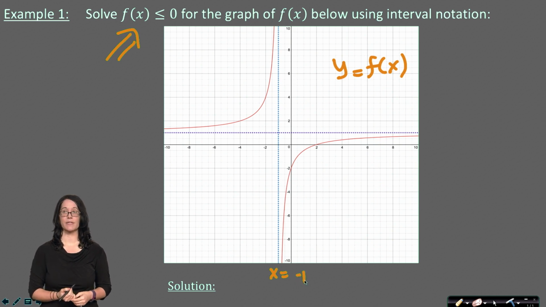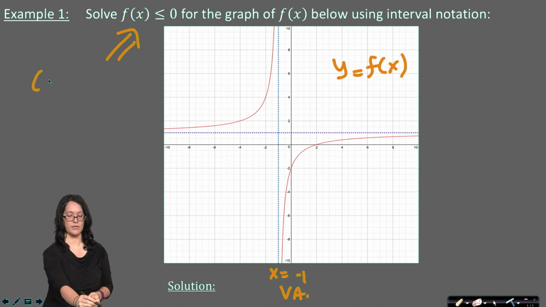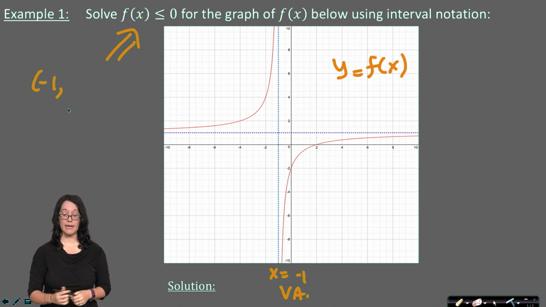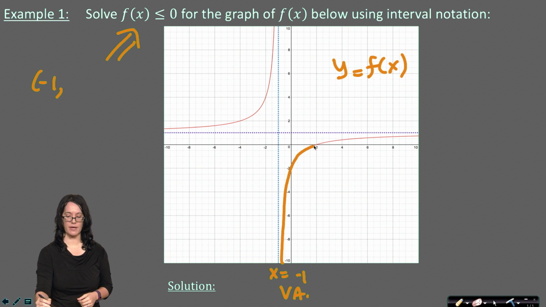So at x equals negative 1, I have a vertical asymptote. So if I'm to the right of that asymptote, but not including it because it wouldn't actually exist there, we would say this is happening to the right of negative 1, so parentheses negative 1, but it only continues to be below the x-axis until we get to the x-intercept, which occurs at 2.